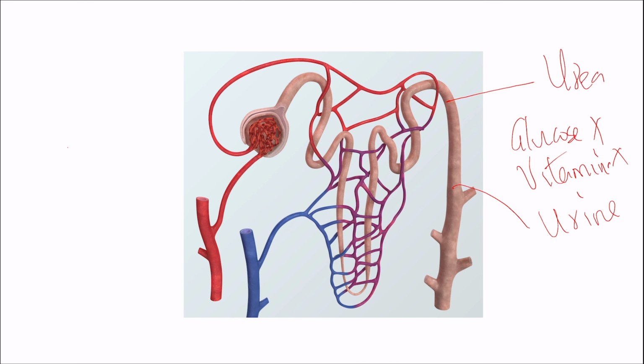And that brings in the role of the hormone ADH, antidiuretic hormone. ADH is secreted from your pituitary gland and has an effect on the distal convoluted tubule. The role of ADH is to increase permeability of the distal convoluted tubule to water.